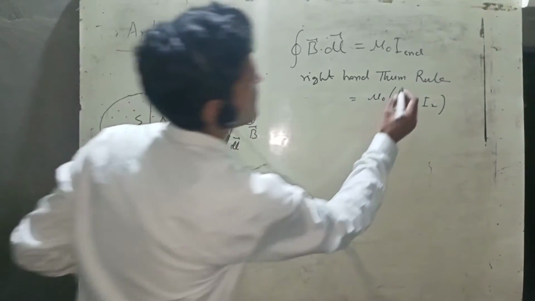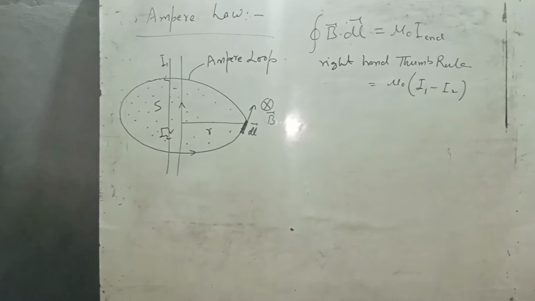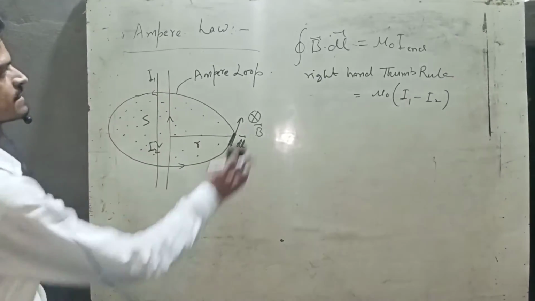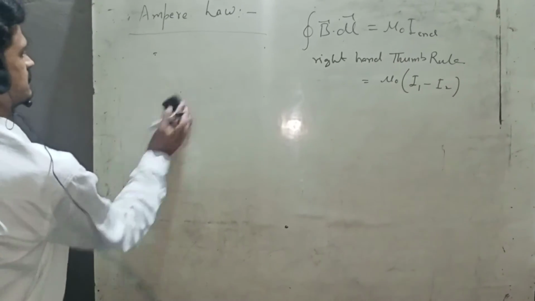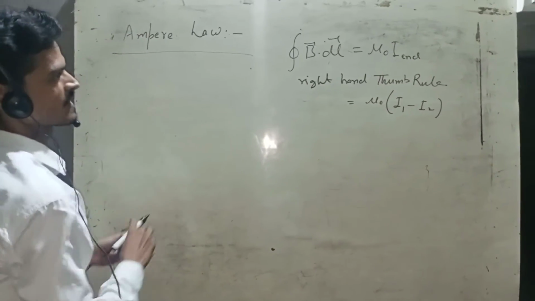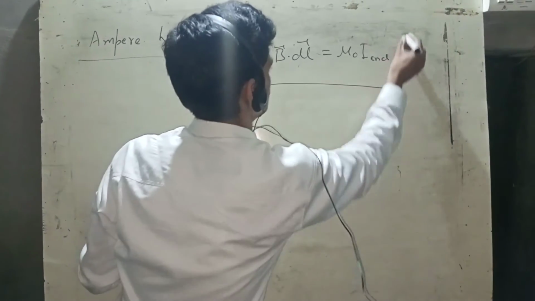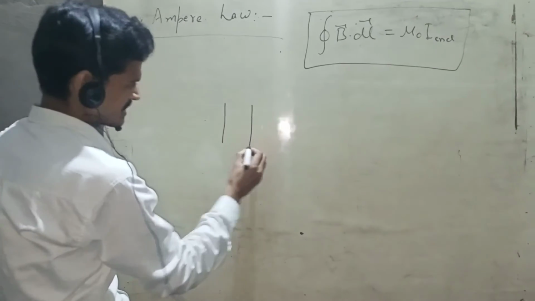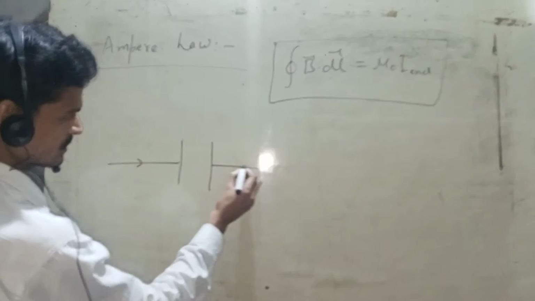Now let us consider another problem, a little bit complicated. Suppose a parallel plate capacitor in which a current is flowing in this direction.